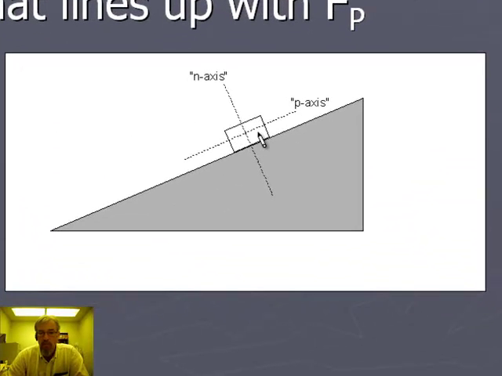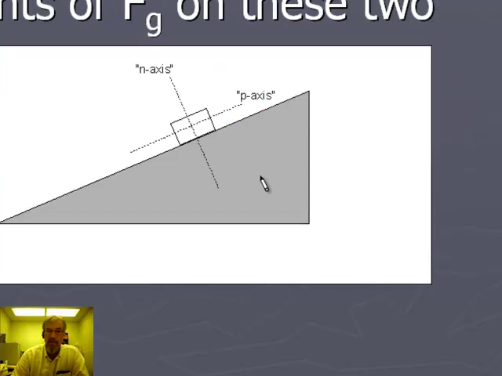In solving this problem, one of the things that we find makes a lot of sense is to make a convenient axis system. You can choose your axes anywhere you want to, so instead of being horizontal and vertical, we'll just tip them enough that one axis goes down the ramp and the other axis is perpendicular to the ramp, because it's the parallel force that we're really interested in knowing about.